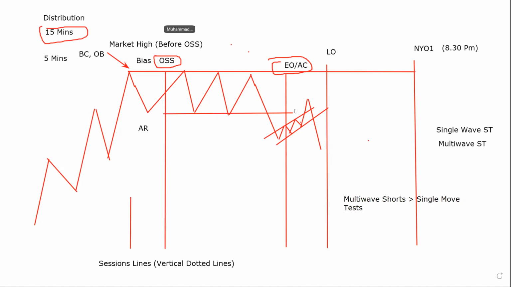Now you might say, oh, the price might test this region. Yes, it might test, but the price will go further up because of this channel. And then it will form an overbought, and then it will go for the next resumption.